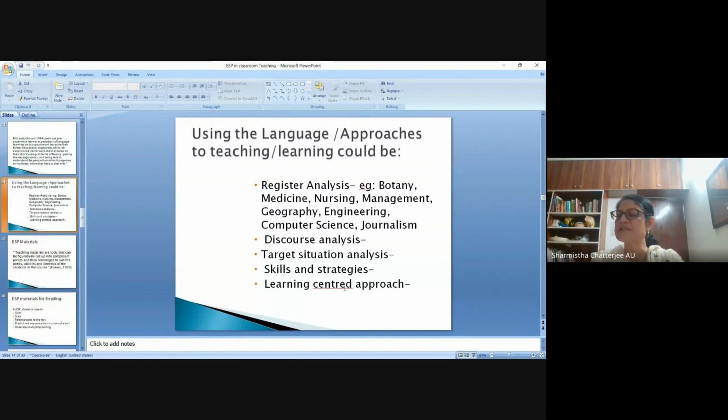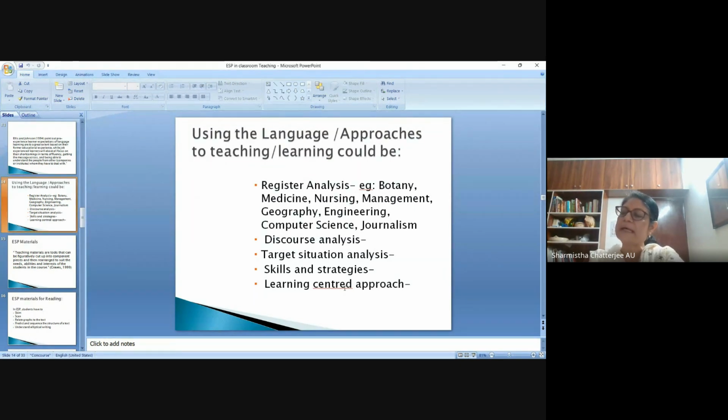Materials or resources should be able to reflect your subject as well as the byproduct of English which it gives rise to. It should definitely recognize the kind of grammar and lexis which that particular register entails.